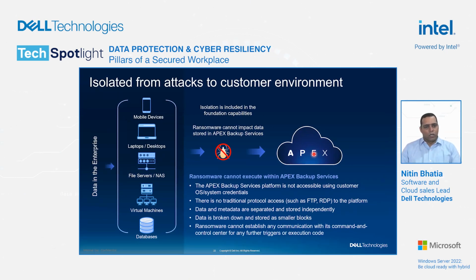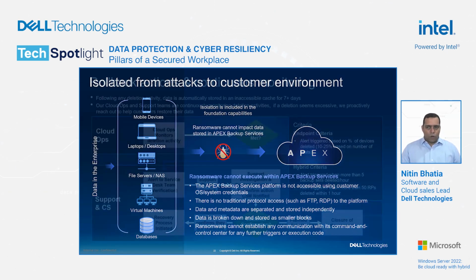It is a 3-to-1 copy that is being maintained onto the hyperscaler. It is a born-in-cloud product where Apex Backup Service is only accessible to the customer who's using it through credentials. There are no traditional protocols. So at any given point of time, your data from laptop devices, mobile devices, file servers, NAS, virtual machines, or databases is air-gapped and secured in Apex Backup Service.